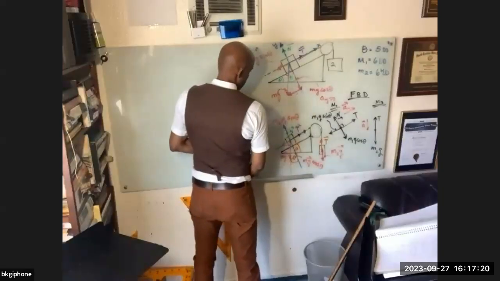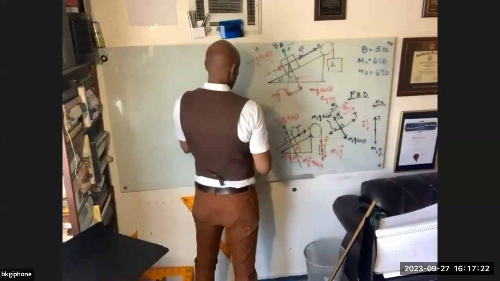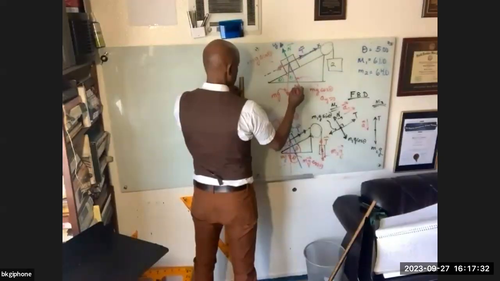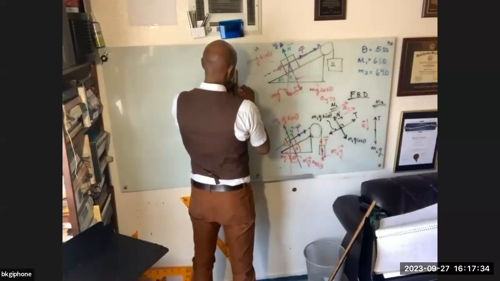Okay. So this is the right triangle here. Do you see that? I'll blow it up. This is the right triangle here. Gravity is straight down.